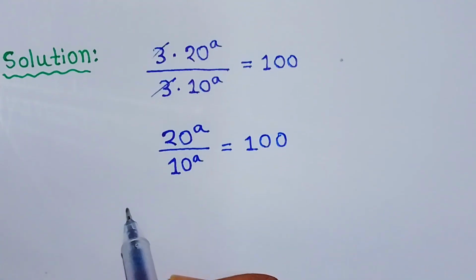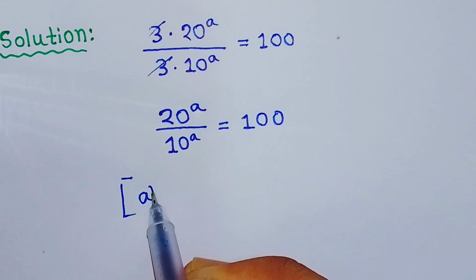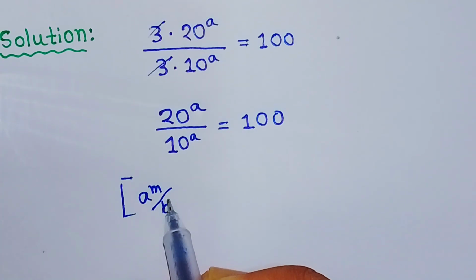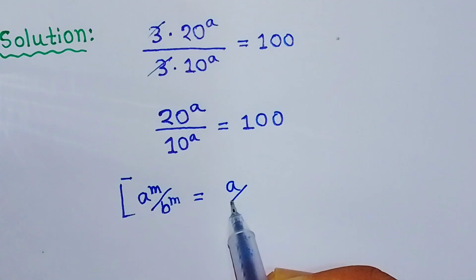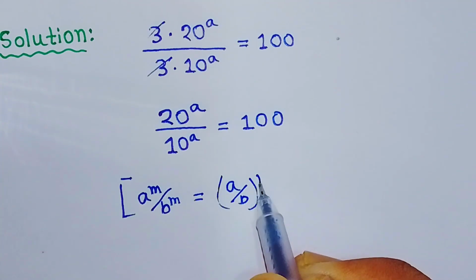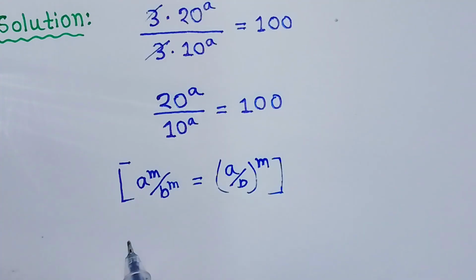After that we have to use an exponential formula: a^m divided by b^m equals (a/b)^m. So we have to use this exponential formula in here.